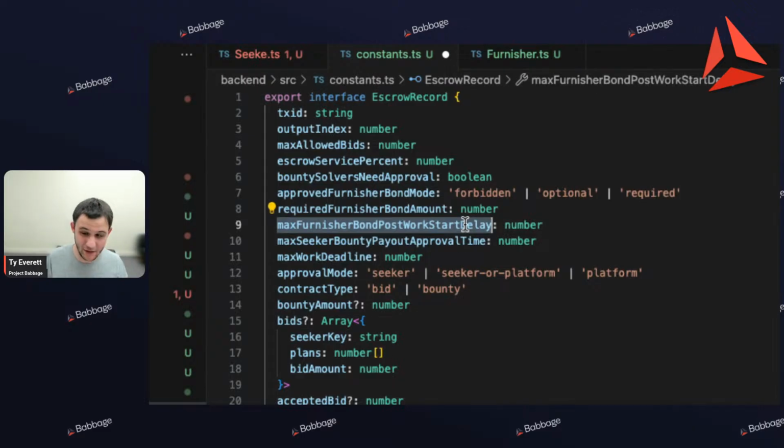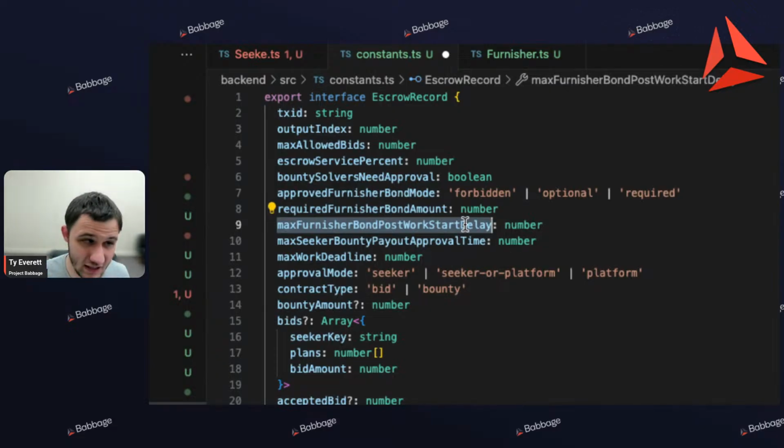So that's important. Now we have the full bonding of the furnisher, optionally, of course, and the escrow system is kind of taking shape.